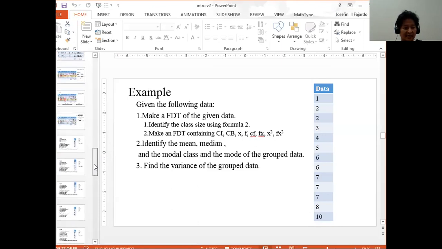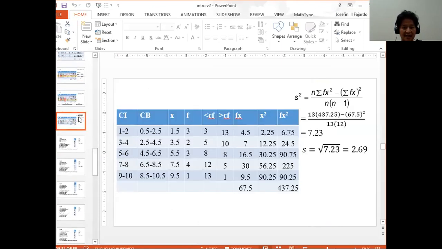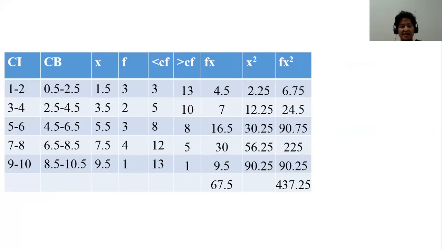Okay? So, for the variance naman ng ating grouped data, kanina, ito na yung example natin. So, yung variance, ito yung gagamitin natin. Saan natin makukuha si summation of fx squared? Ito na yung fx squared. Sum nito ngayon is 437.25. And then summation of fx, 67, saka natin i-square. Okay?